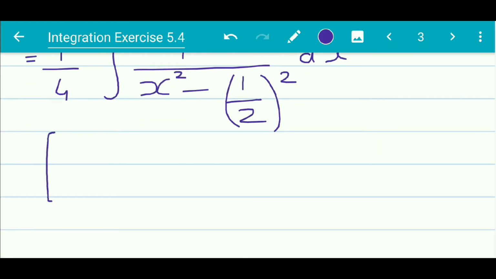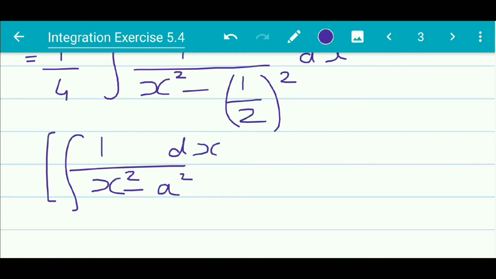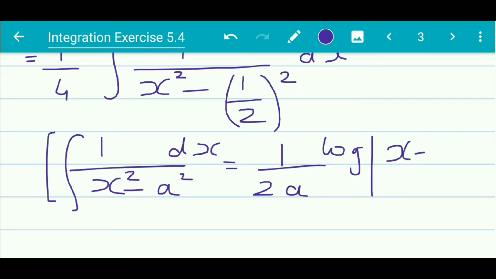It is of this form, that is 1 upon x square minus a square. That is 1 upon x square minus 1 upon 2 the whole square. Now that it is of this form, the answer will be of this form, that is 1 upon 2a log mod of x minus a upon x plus a plus c.